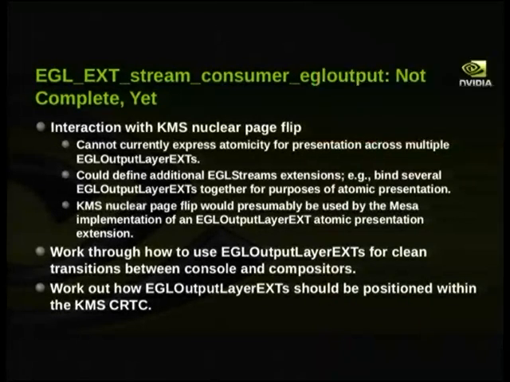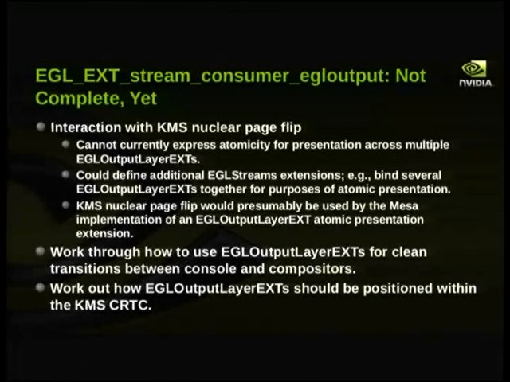And to be fair, what I've sketched out here certainly is not complete. And I've not described anything to sufficiently handle atomic presentation on multiple layers, though I think that would be possible through additional EGL extensions.